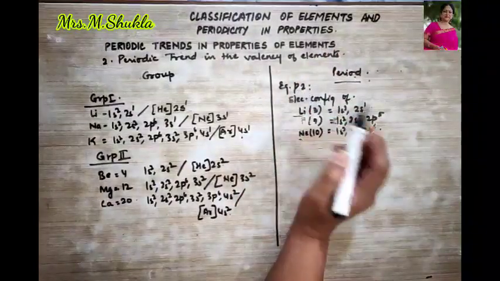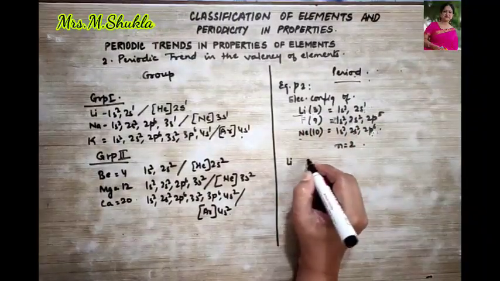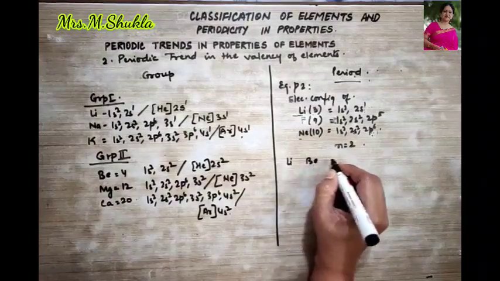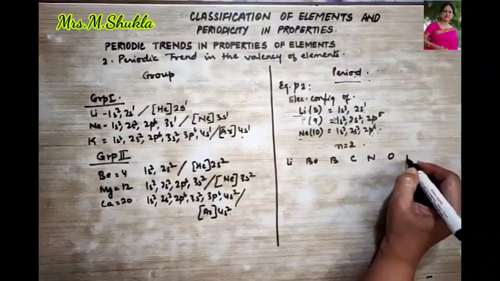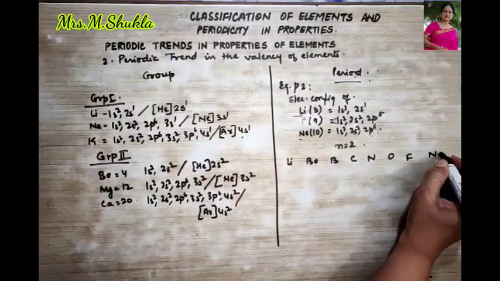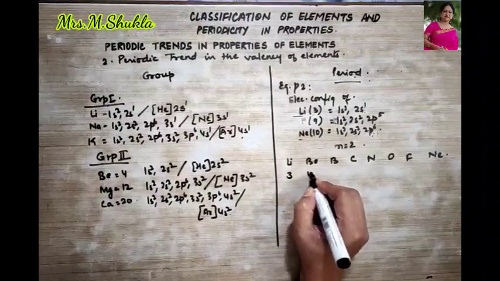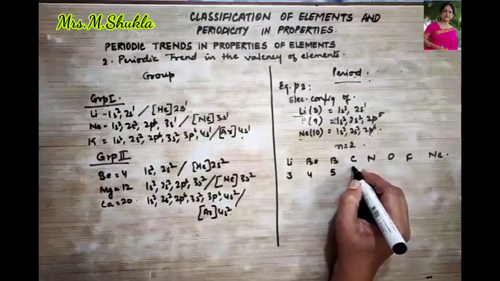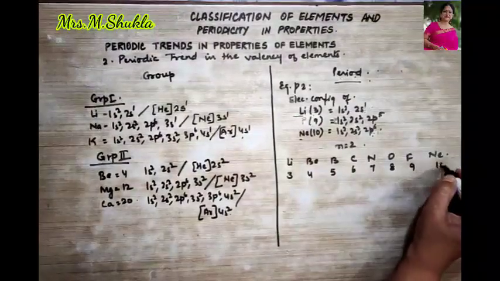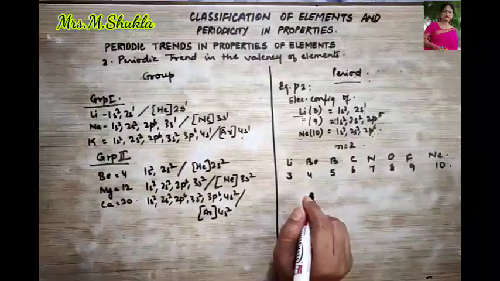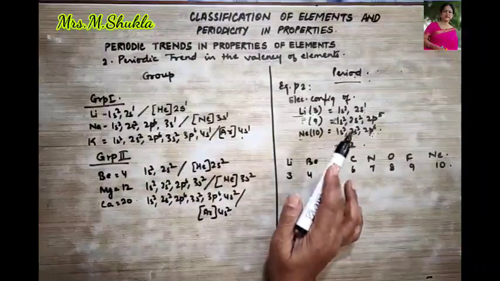So if I have taken period 2 elements, let me write down all the period 2 elements, like for example lithium, then beryllium, boron, carbon, nitrogen, oxygen, fluorine and neon. Okay, their atomic numbers are 3, 4, 5, 6, 7, 8, 9 and 10. Okay, and let us configure them. So this is what, as we had already done.